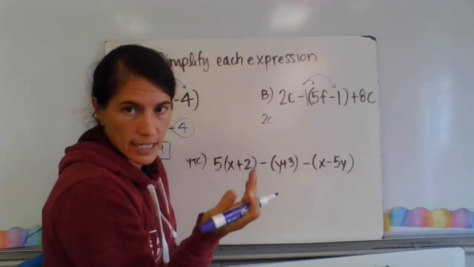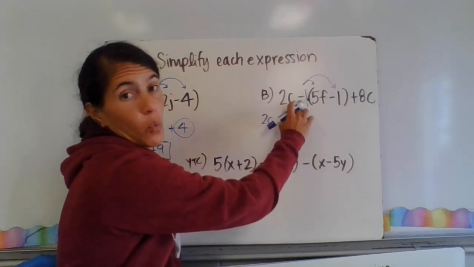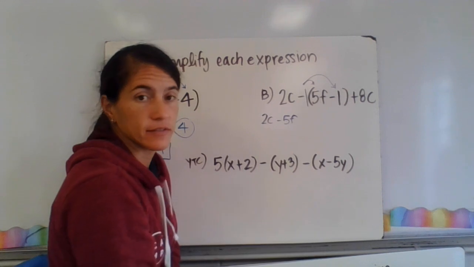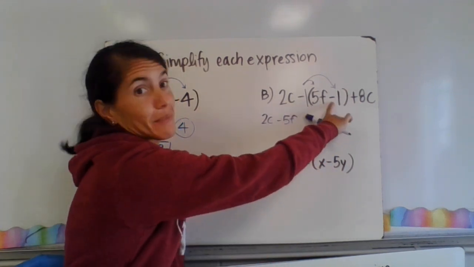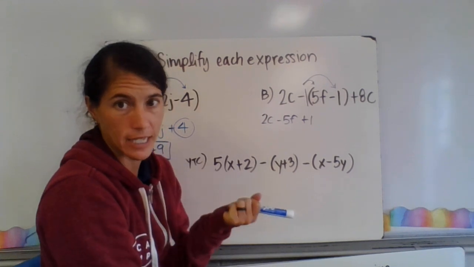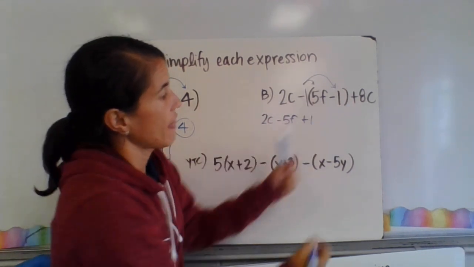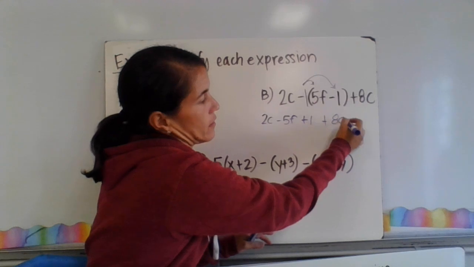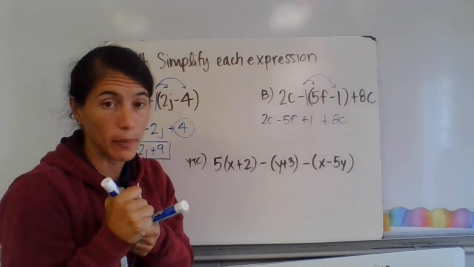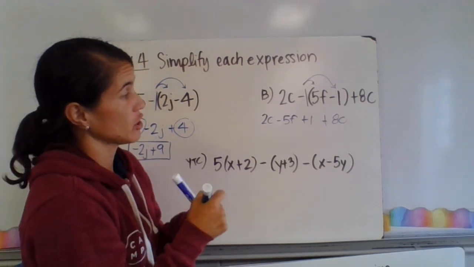I'm going to bring down my 2c. Negative 1 times 5f is negative 5f. Negative 1 times negative 1 is a positive 1, because a negative times a negative is a positive. And then I'm going to bring down my 8c. So the distributive property is done. Now I can combine like terms.